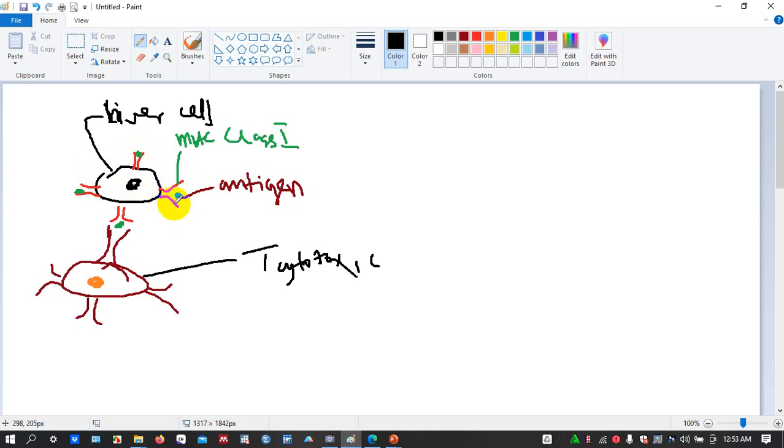It will hold the antigen and present it to this cytotoxic T lymphocyte, which will feed on the antigen straightforward.